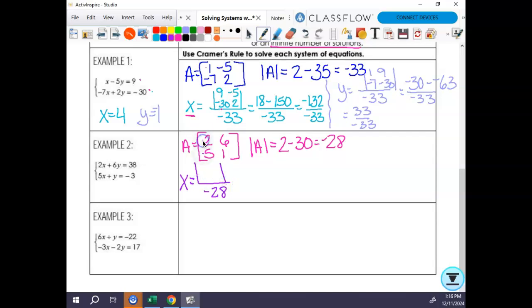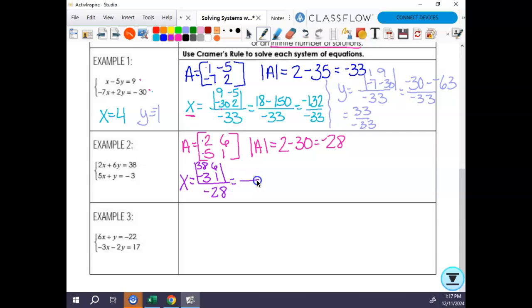I replace my x coefficients, 2 and 5, with these numbers, 38 and negative 3. And I leave the y values. Any questions about what I just did? Ask me now if you don't know where my numbers are coming from. Because I know, even if you're paying attention, you're looking up and looking down. All right, I'm going to move on then.